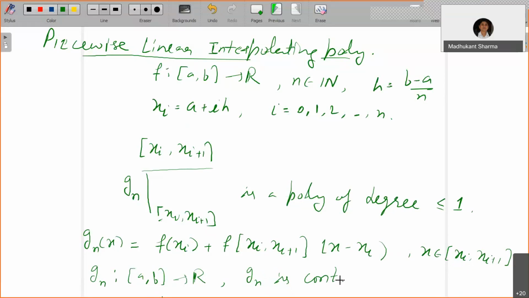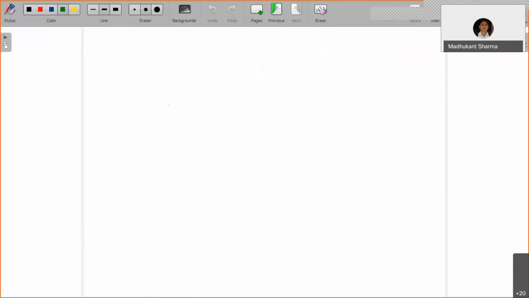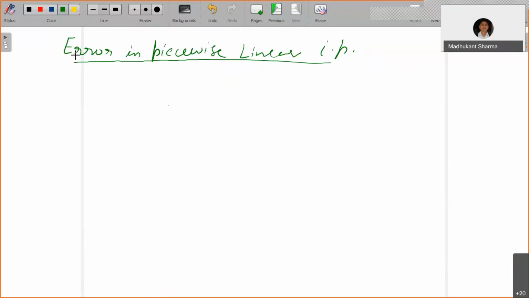Let's see the error term here. What will be the possible error? Let's look at the error in the piecewise linear interpolating polynomial on the interval xi to xi plus 1.